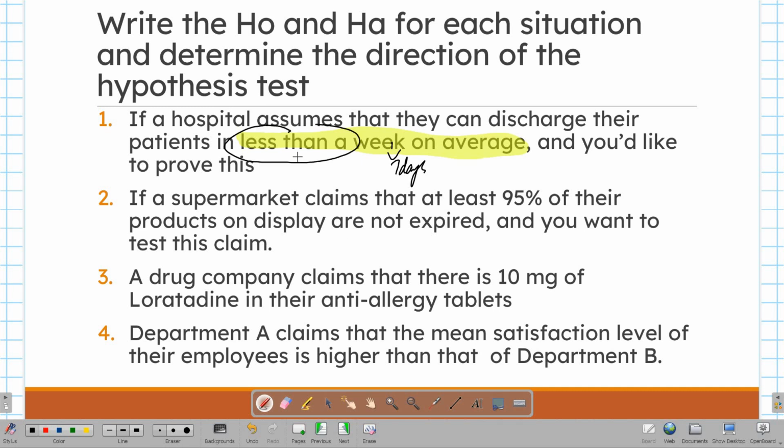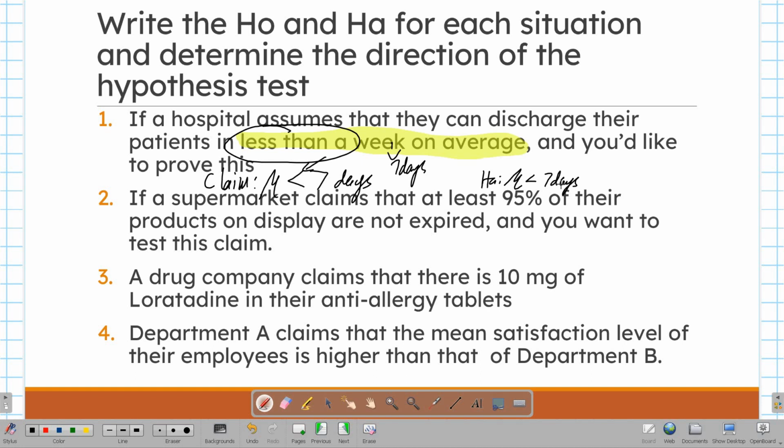It's pretty straightforward that this is the symbol, hence the claim is that their average is less than 7 days. Since the claim is less than, it doesn't have any equality symbol, so the claim of number 1 is the alternative hypothesis: HA is that the mean is less than 7 days.